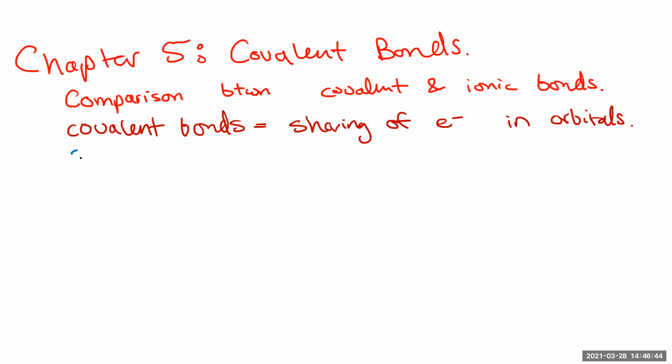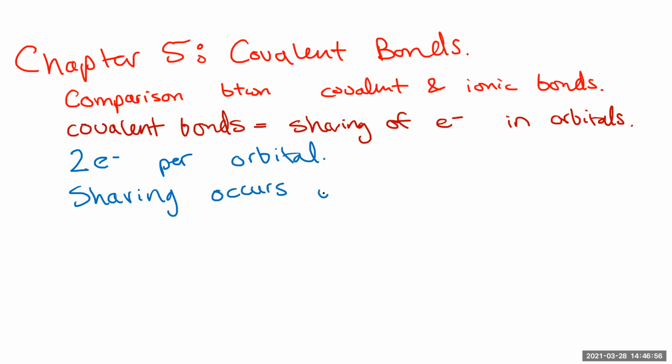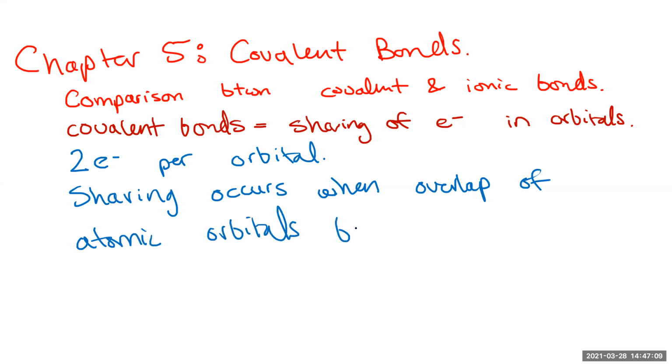Remember that you are only allowed 2 electrons per orbital. And so when a sharing occurs, when you have overlap of atomic orbitals between atoms, now, of course, there are exceptions to the octet rule, even in covalent bonds.